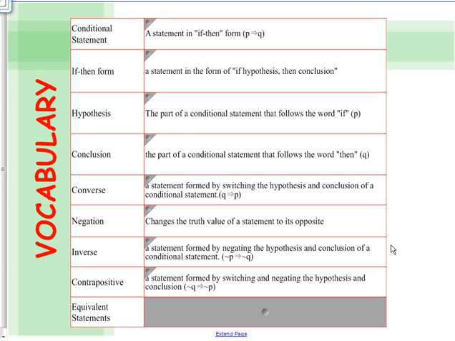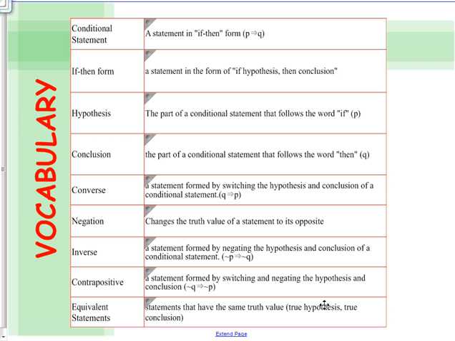Okay, all right, and then the last vocabulary word we have is equivalent statements. These statements have the same truth value, a true hypothesis and a true conclusion.